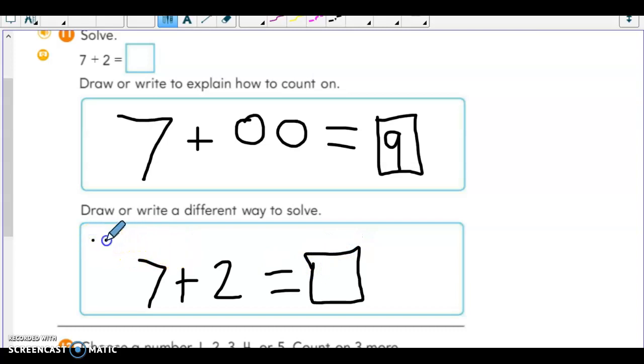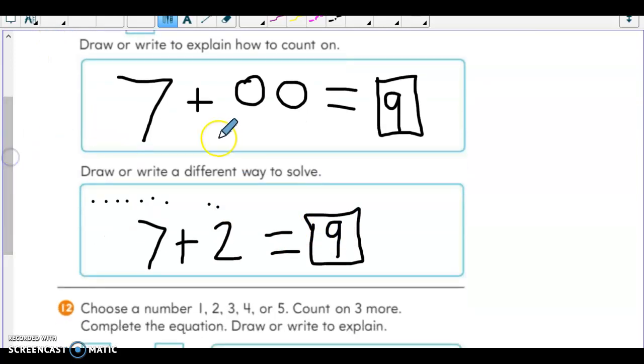We could do 1, 2, 3, 4, 5, 6, 7 dots, plus 1, 2 dots, and then count all the dots. Now that takes a little bit longer, right? Because here we just said 7, 8, 9. Here we would have to count all the dots and say 1, 2, 3, 4, 5, 6, 7, 8, 9. Either way, we come up with the same answer, which is the good part. That means we got it right. But this top way, counting on, is faster.